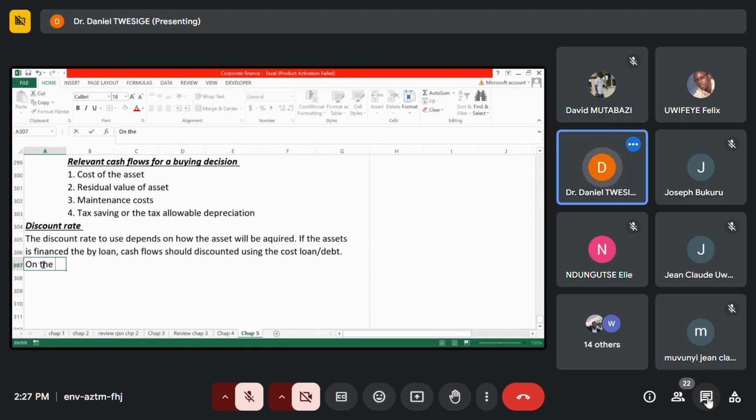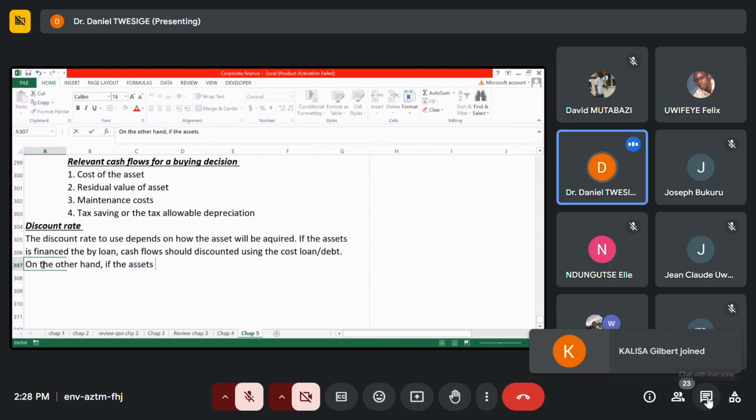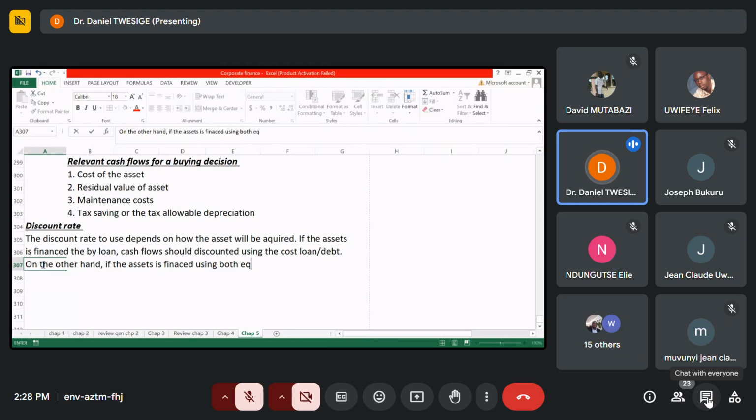On the other hand, if the asset is financed using both equity and debt, WACC should be used to discount the cash flows.